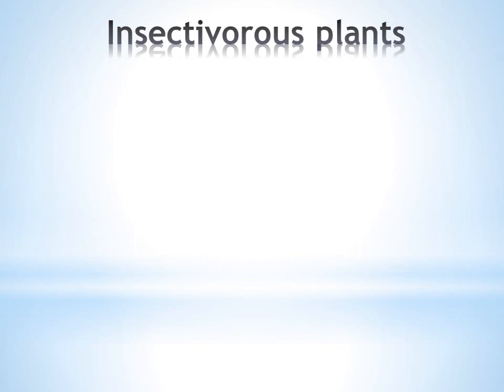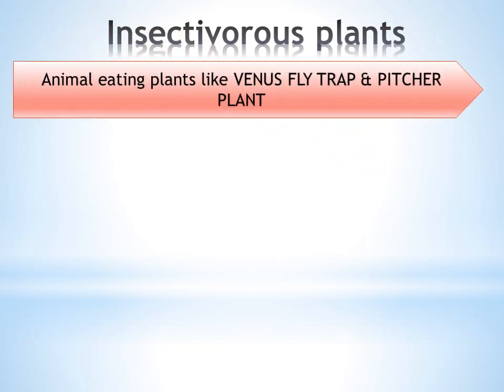Let us see the next major type of heterotrophic plants, which is nothing but insectivorous plants. We can understand from the name that it is an animal eating plant.